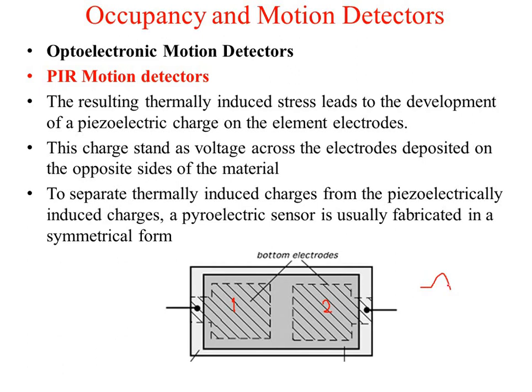One electrode will generate a positive charge, and the second electrode, which is connected in opposite polarity direction, will generate an opposite charge, so that they will cancel each other. So that is the principle used in this PIR sensor.